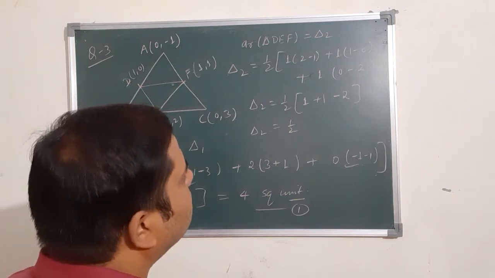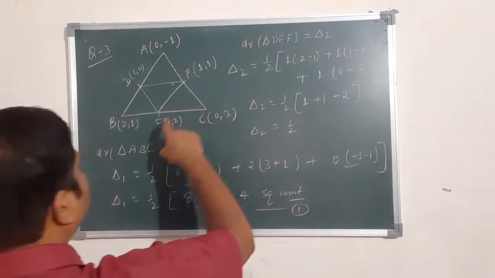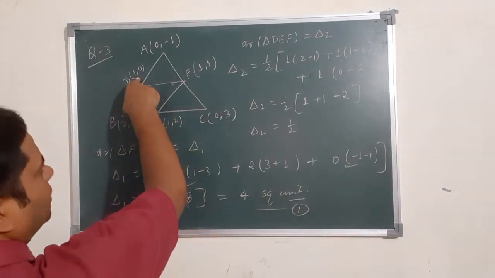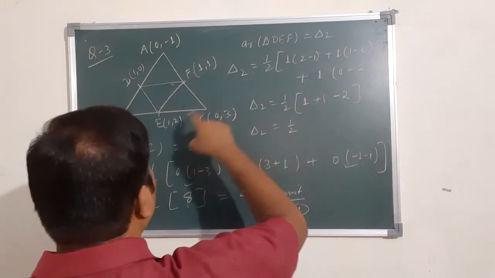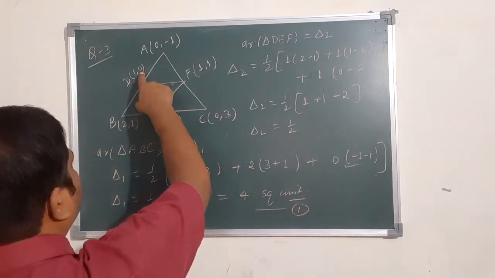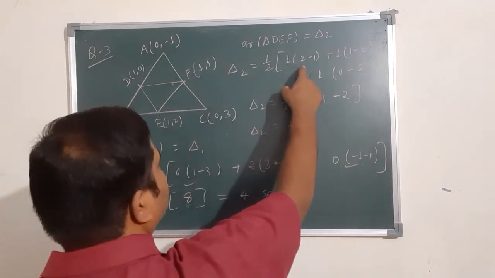Some problem is there. Again I write here x1 is 1, x2 is 1, x3 is 1. Okay, x1 times y2 minus y3, 2 minus 1, yes, it is correct.